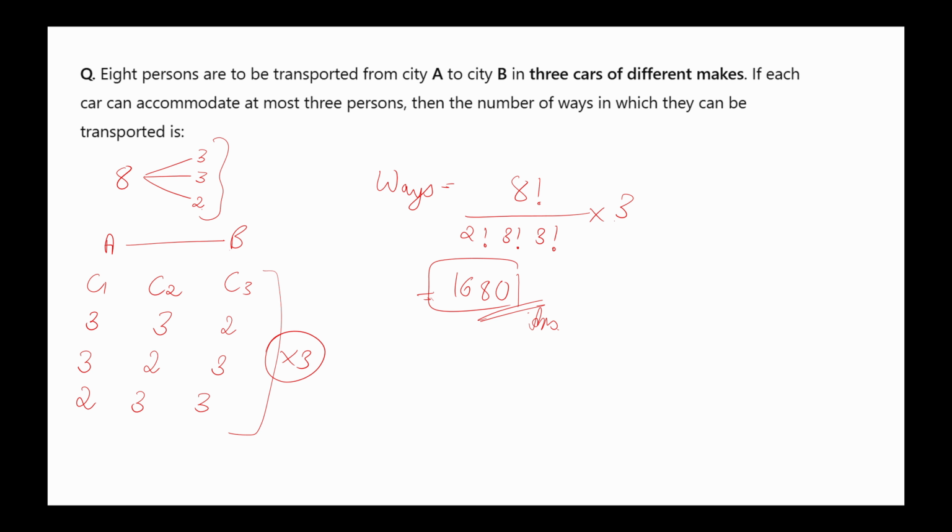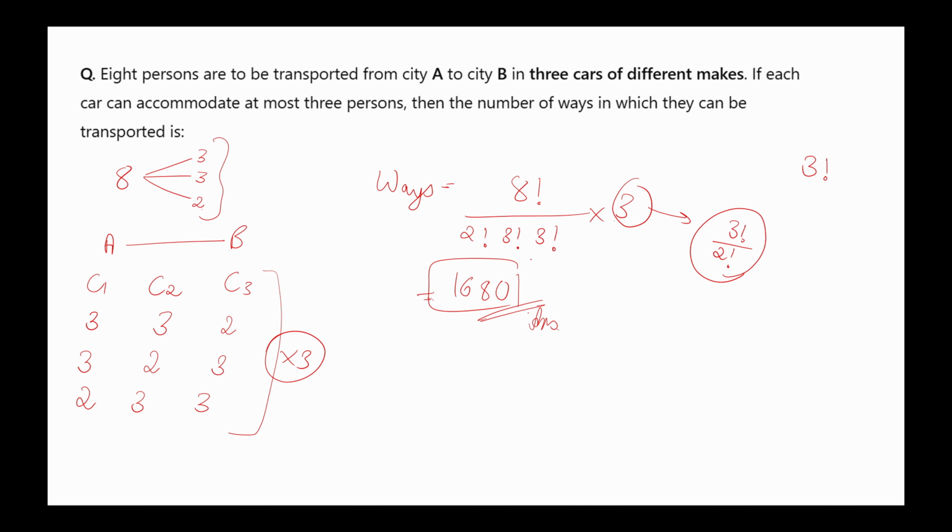That means I can arrange them in 3 different ways. Basically, if it would not have been 3, 3, 2, if all these 3 numbers would have been different, then I would have arranged them in 3 factorial ways, right? Here what we did was, instead of 3 factorial, we wrote 3 factorial by 2 factorial. Basically, this is what we did.